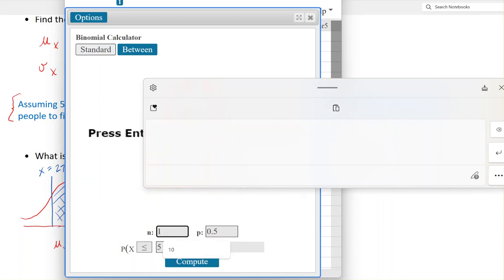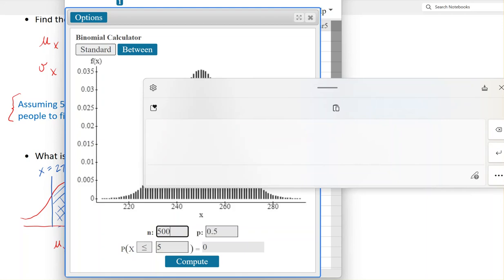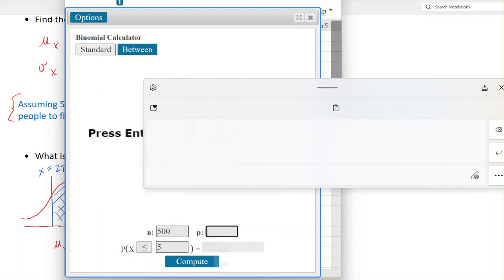I'm looking at a sample size of 500. And I have a P of 0.58.